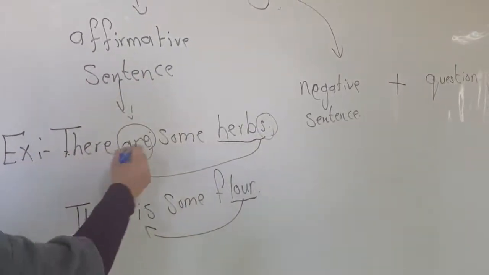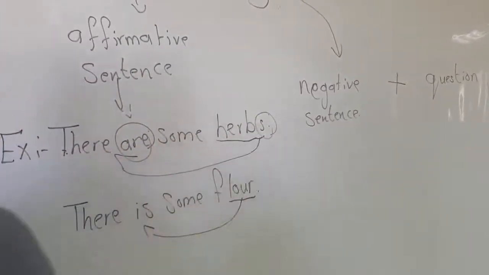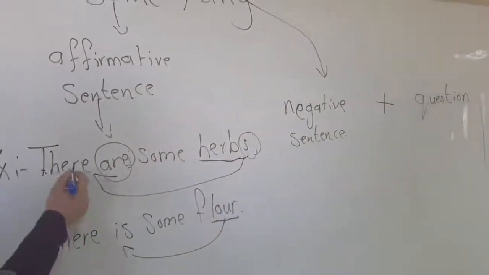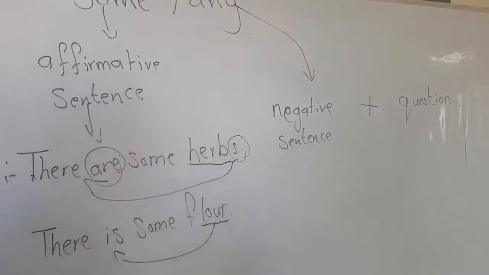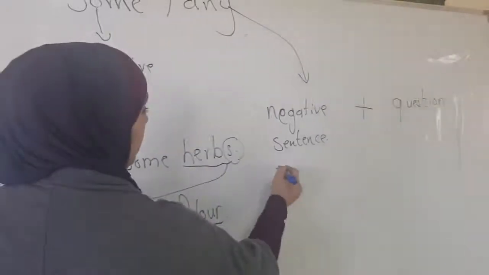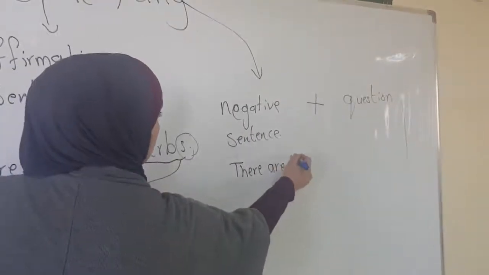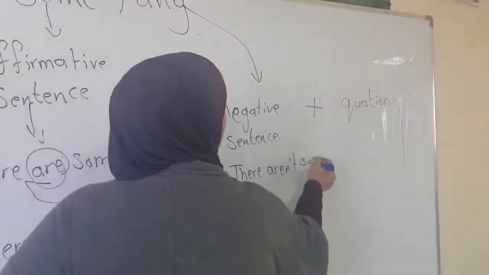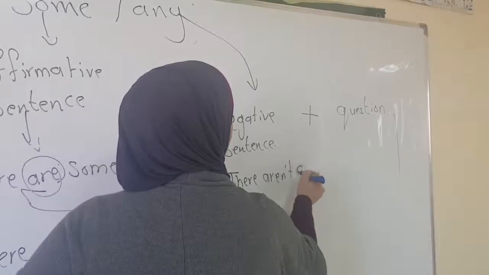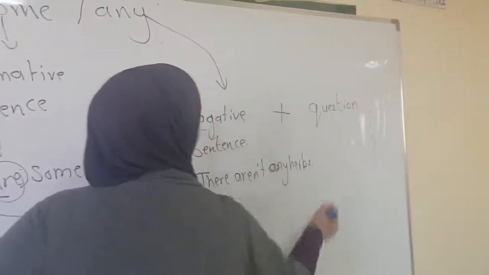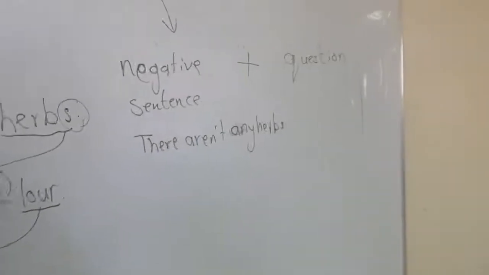So there are some herbs. In negative sentence will be there aren't any herbs. There aren't any herbs.